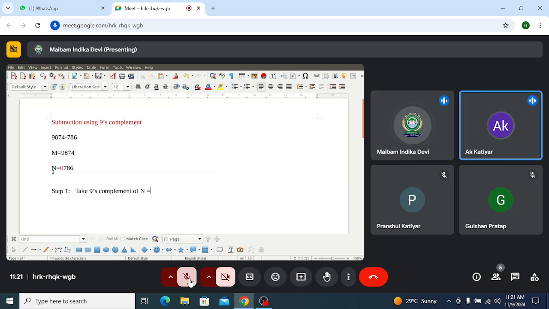So what is the nines complement of n? Subtract each digit from 9. Since we have 4 digits here, 9999 minus 0786. What is the answer you get? Tell me.